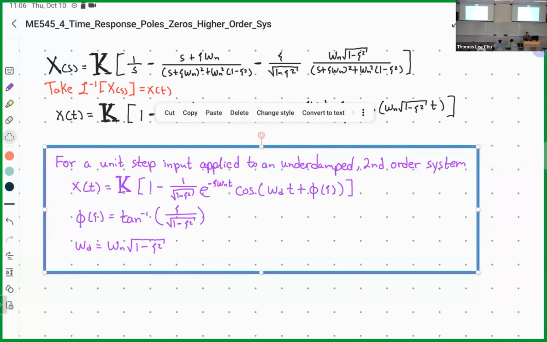And if I say, screw the unit step input, I want a 10 step input, so the input is 10, you can just pull the 10 and put it into K. So let's say this wasn't a unit step input.